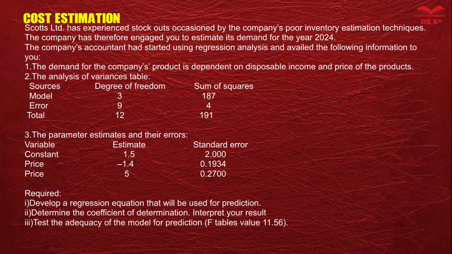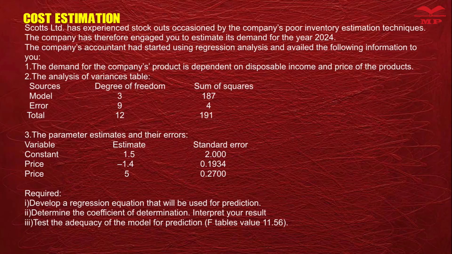The company has therefore engaged you to estimate its demand for the year 2024. The company's accountant had started using regression analysis and availed the following information to you. The demand for the company's product is dependent on disposable income and price of the products.